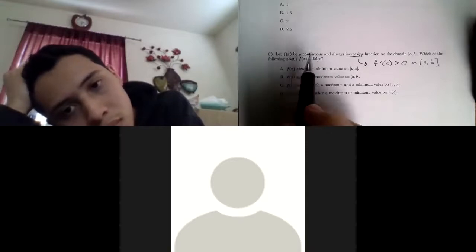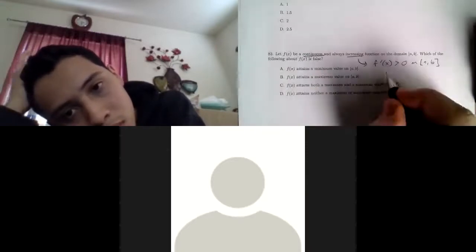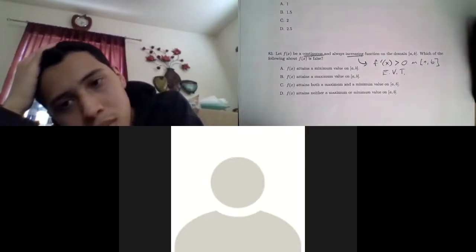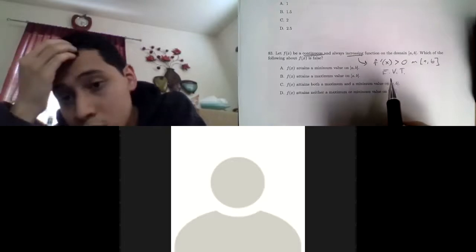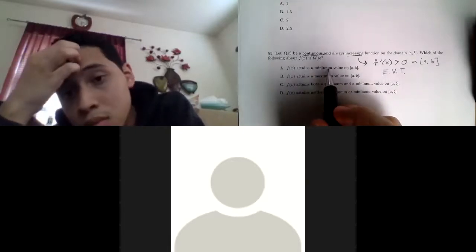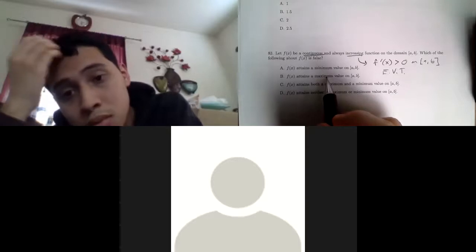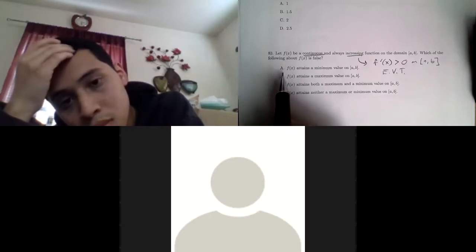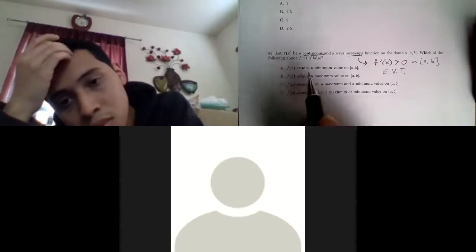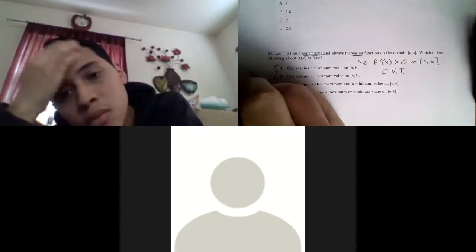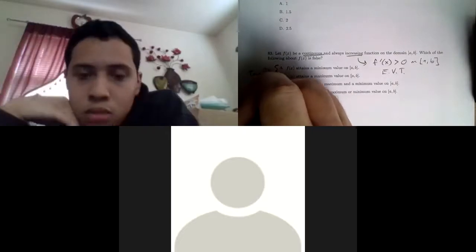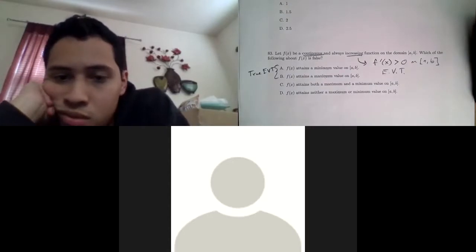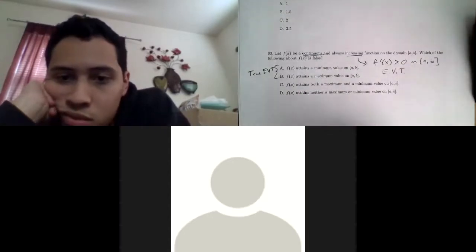Well, it's continuous, so the extreme value theorem, which only requires continuity, guarantees that there must be an absolute minimum and an absolute maximum, to be clear. So choice A and choice B are those two statements. These are guaranteed true by the extreme value theorem. Continuous functions must have an absolute maximum and an absolute minimum on a closed interval.